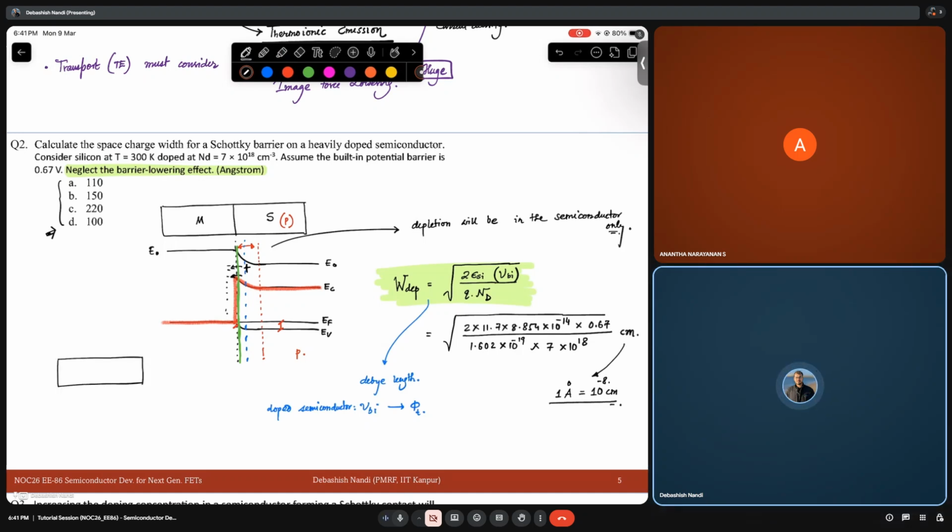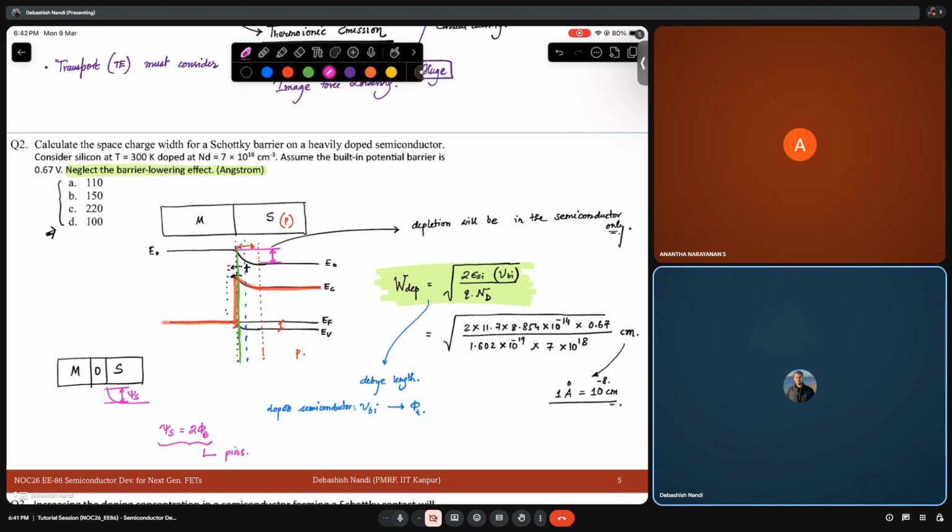So basically, if it is a MOS system, right? This depletion width is nothing but it depends on the potential difference between these 2 points. In case of MOSFET, what is this potential difference? This is your surface potential. At surface potential of 2 phi B, it pins.